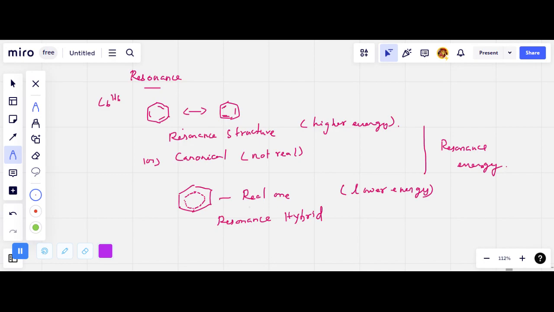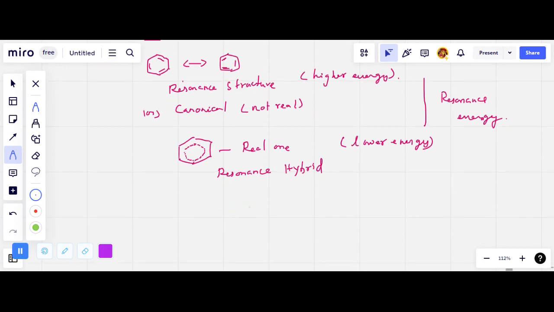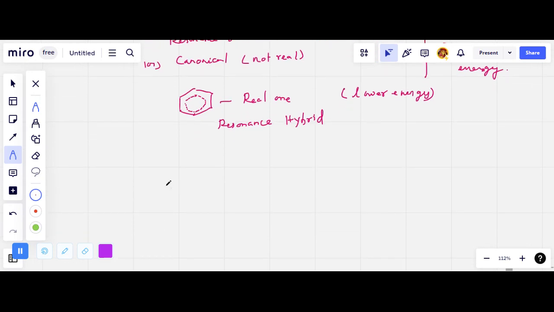So if you are able to write more than one structure, it leads to resonance. But what are the rules for writing resonance structures? How can we write a resonance structure, and what rules do we have to follow?